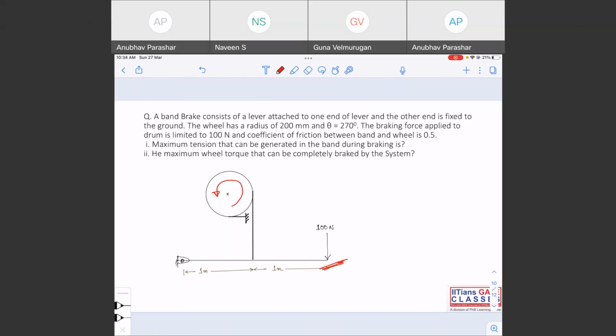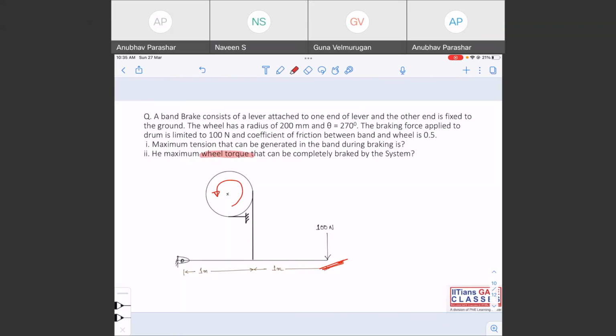Yes, you can find the torque directly. See, to find out the torque, ठीक है, you'll require the maximum torque that can be completely braked. Okay, no, you cannot directly find out the torque on the wheel. It is not the torque on the lever. You just read the question once properly: the maximum wheel torque that can be completely braked.